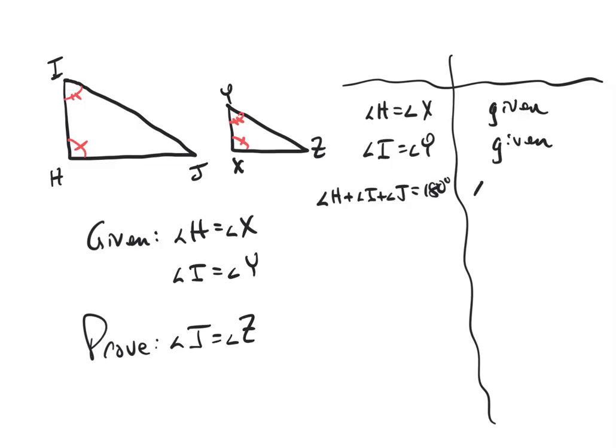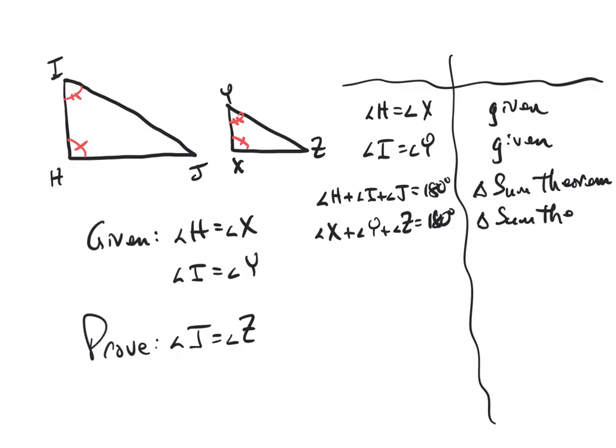Because of the triangle sum theorem that we just proved in section 1. And if that's true for the triangle to the left, it's also true for the triangle to the right. So we can say then that angle X plus angle Y plus angle Z has to equal 180 degrees for exactly the same reason, the triangle sum theorem.